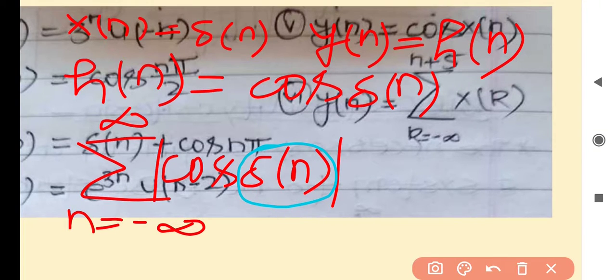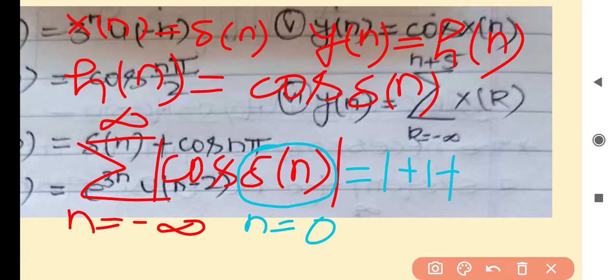It will give a value equal to 1 only at n equal to 0. For all other values of n it is 0, and when delta[n] is 0, cos 0 will become 1.